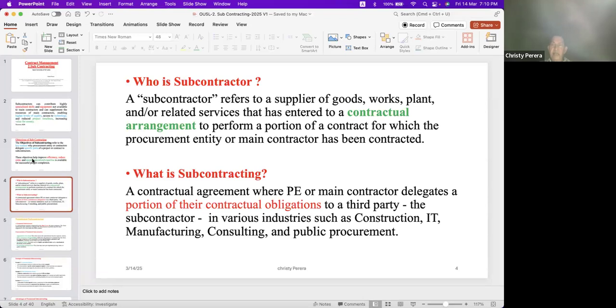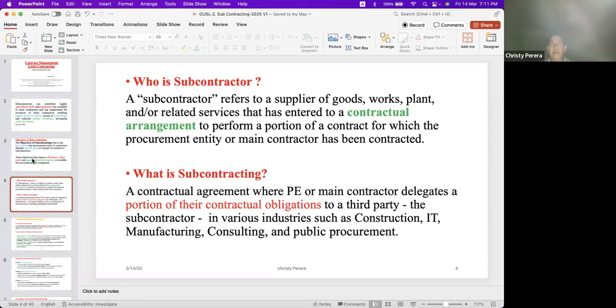Sometimes the agreement is signed with the main contractor, or sometimes with the procurement entity, right? Clearly consider that sometimes the agreement is signed with the procurement entity, or the contract is signed with the main contractor. I will explain from the next slide what the difference is.